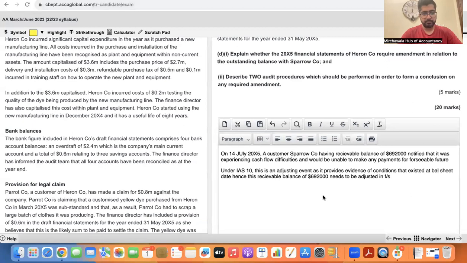Then the following audit procedures. Remember, the following audit procedures will be performed.